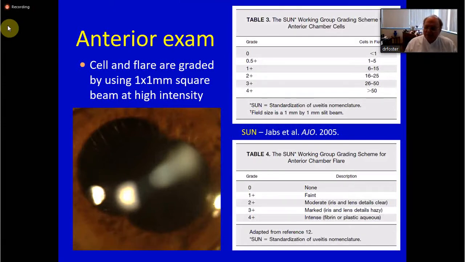I like to tilt the tower on my slit lamp for doing this. I think that brings out things that ordinarily could be missed if they were subtle: the degree of flare and the amount of cells in the chamber.